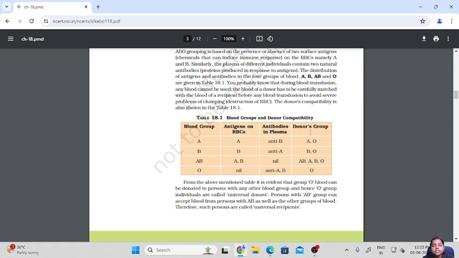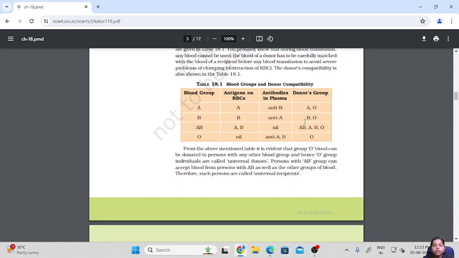So this column represents the donor groups which can donate blood to that particular group. For blood group A, A and O both can donate the blood. For B, B and O can donate. For AB, all can donate, that is AB, A, B and O. For O, only O can donate.